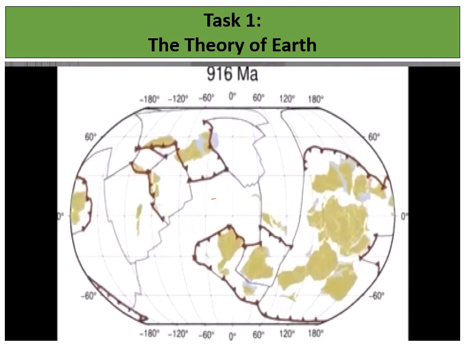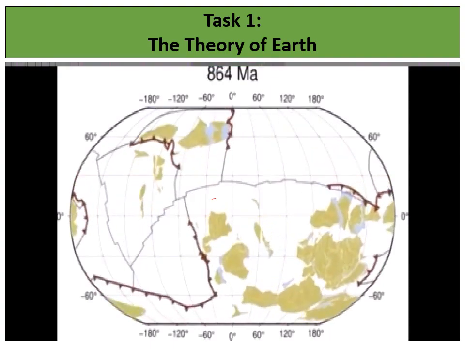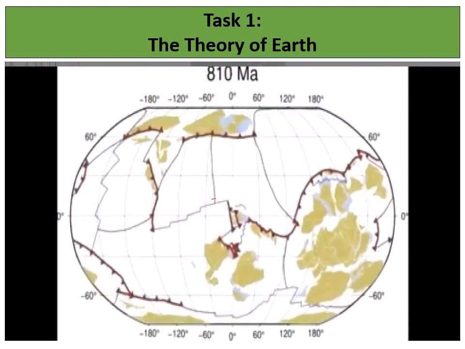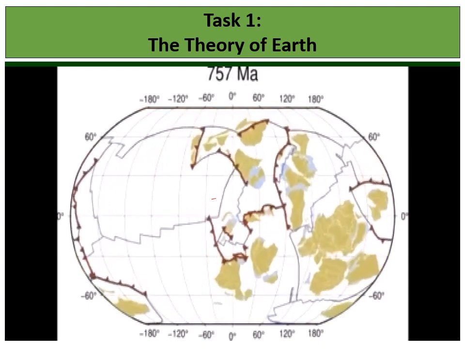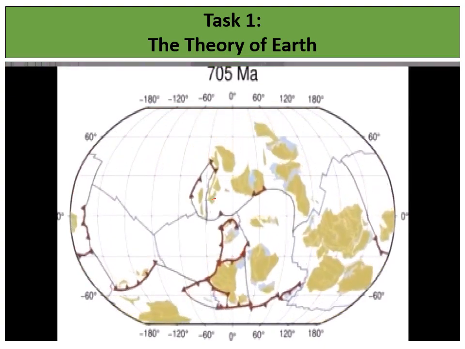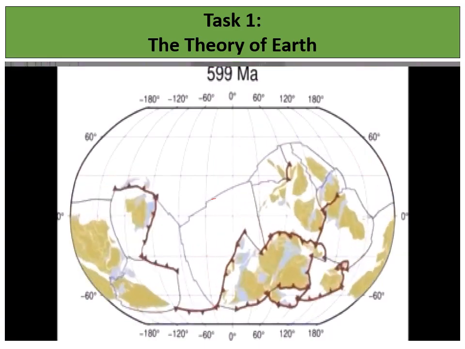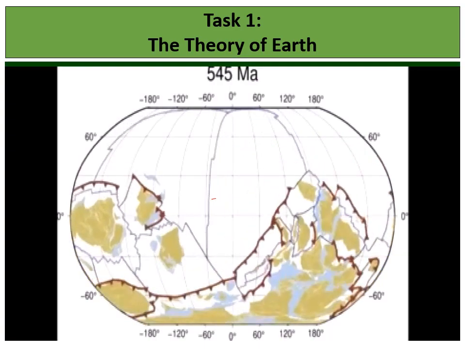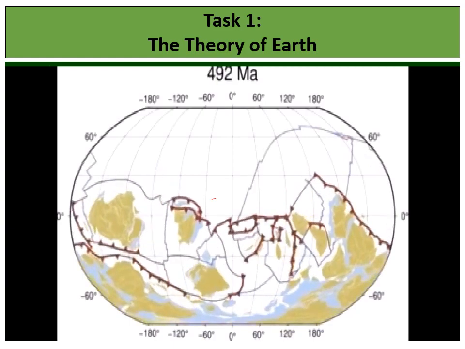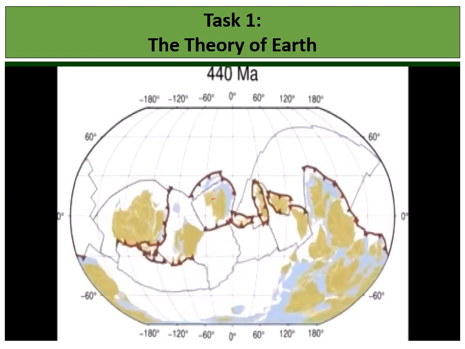So if you see here, we have a total shift in the land. 250 million years ago, the land masses of Earth were all clustered into one supercontinent. And as this video goes through time, you'll notice that these plates are constantly moving.